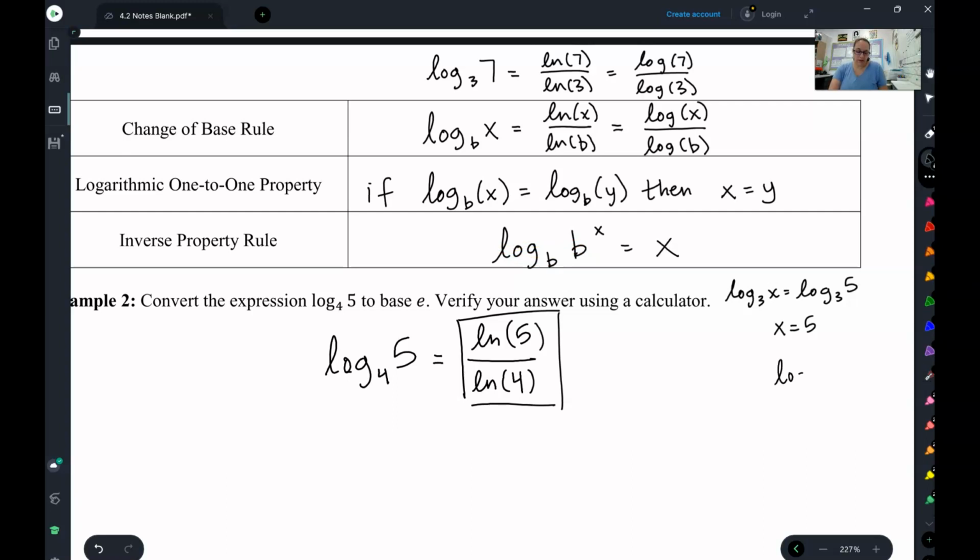So kind of like if I had log base 8 of 8 to the 4th, because the base of the log matches the base of the exponent, they will undo each other because they're opposites, they're inverses, and I'm left with just 4. So that's the inverse property rule. Now, in the next video, we'll actually start to do some problems where we apply these rules and practice them.